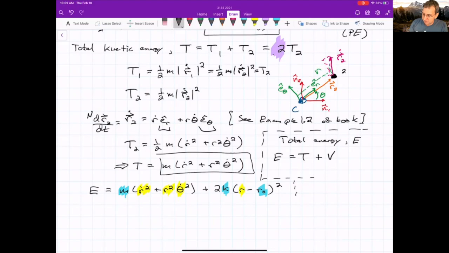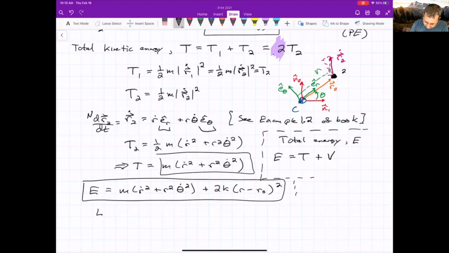However, since the only force present comes from the spring, total energy will be conserved. So this expression, E, is constant throughout the motion. This often bothers mechanical engineers because they're not used to looking at things in space.